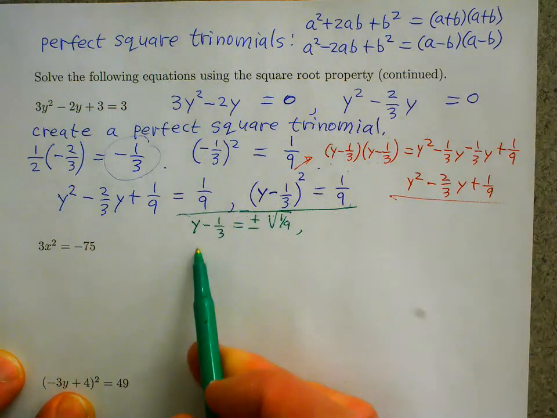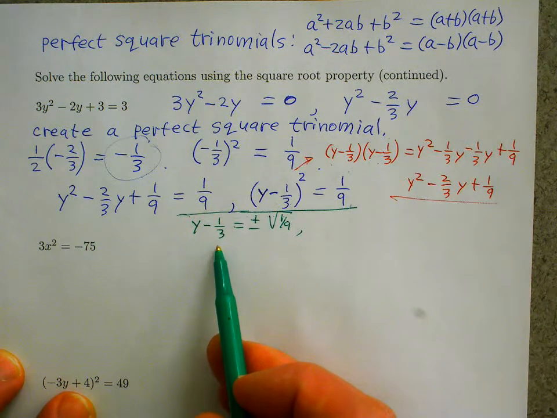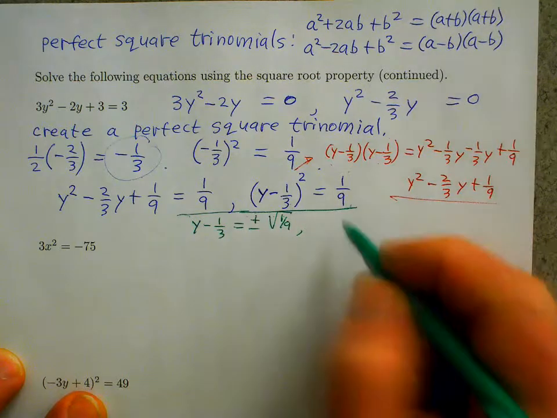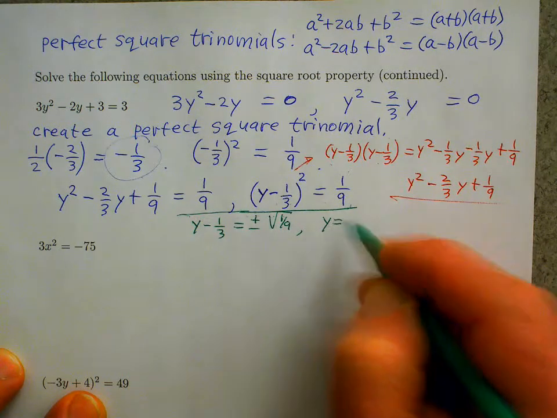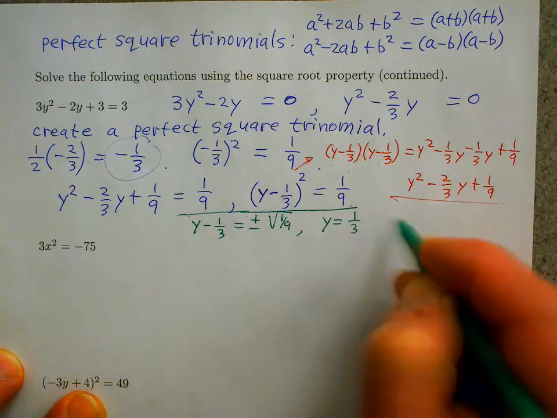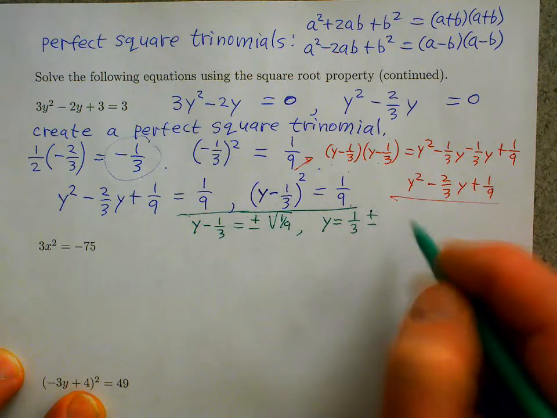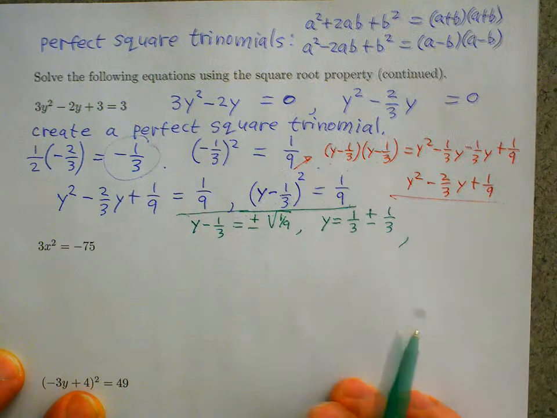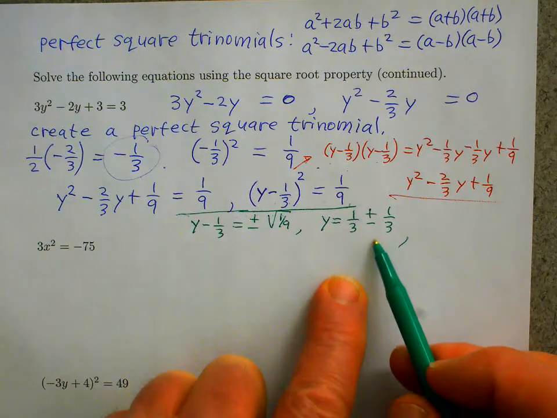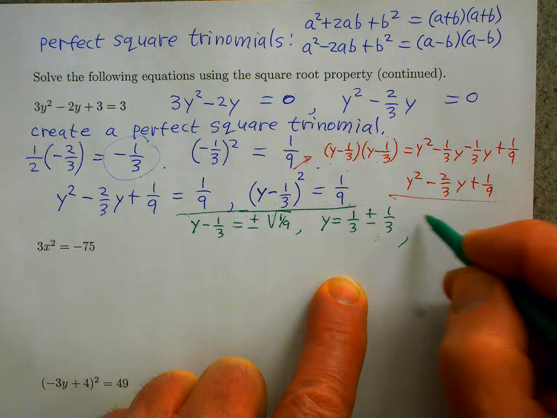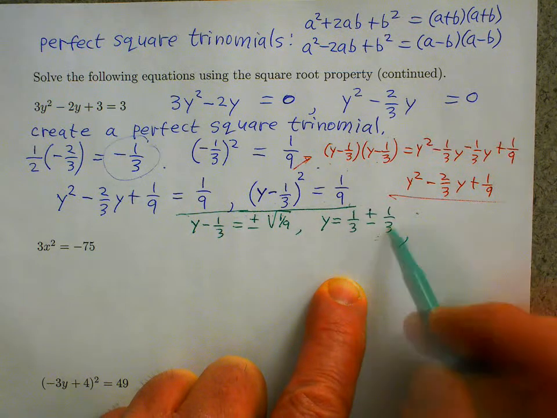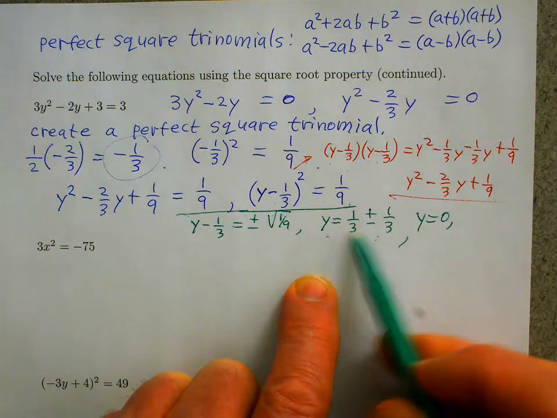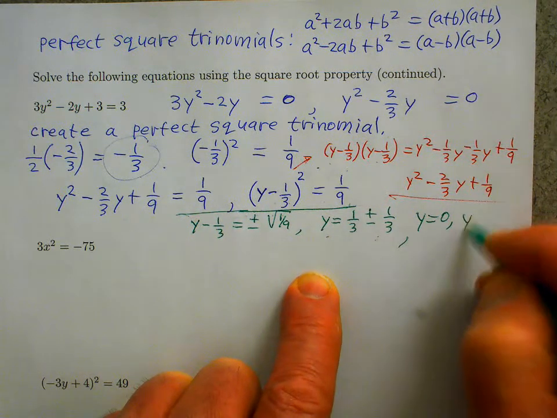So in the next step, we'll add 1/3 to both sides and also simplify the square root of 1/9. So we get y equals 1/3 plus and minus 1/3. We can simplify further. 1/3 minus 1/3 is 0. And then 1/3 plus 1/3 is 2/3.